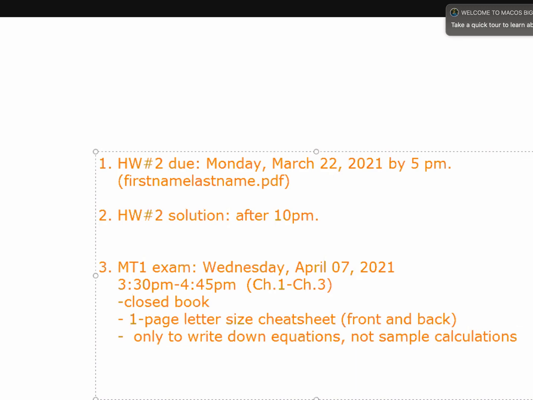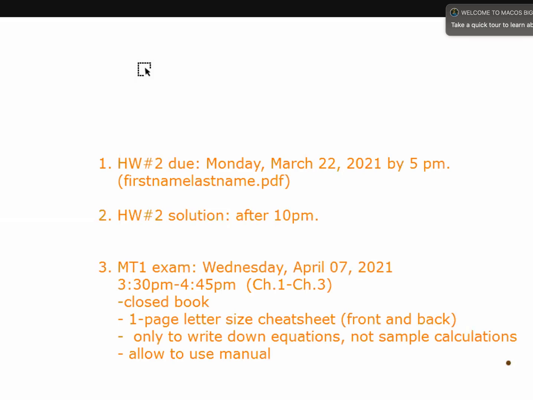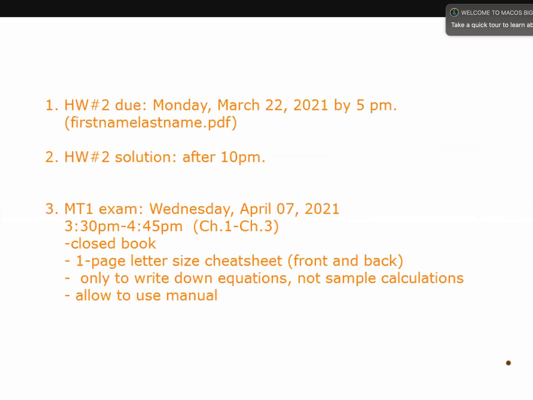Do not violate the rule. And you're also allowed to use the manual during the exams. So that will be the overall procedure that I would like to mention to you.